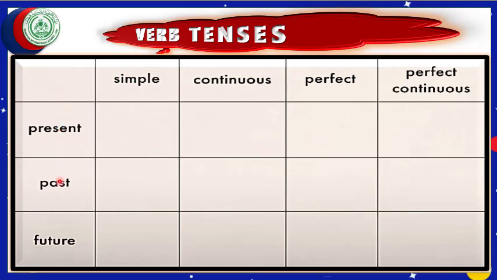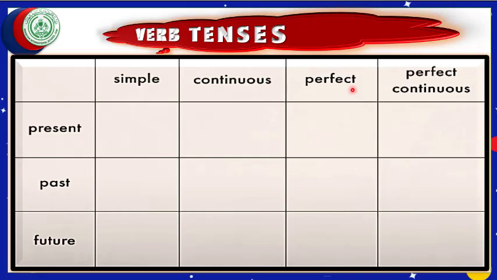Present, past, future. What are the aspects? Simple, continuous, perfect, perfect continuous. When these types of time combine with types of aspect, they make tense.